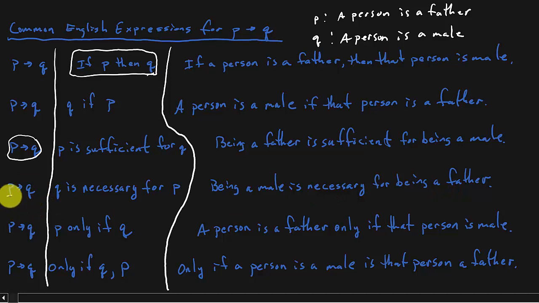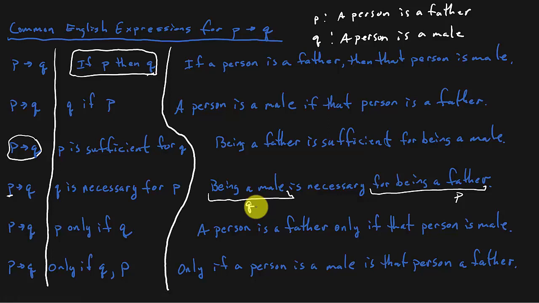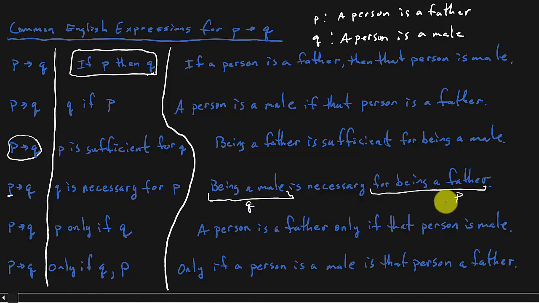See, that's the first one. That's P, and then this is Q. You see that? It looks like they're kind of backwards. So don't get this messed up. See, the statement after necessary for, that's first. And then the statement before necessary for, that's Q, that's after the symbol.